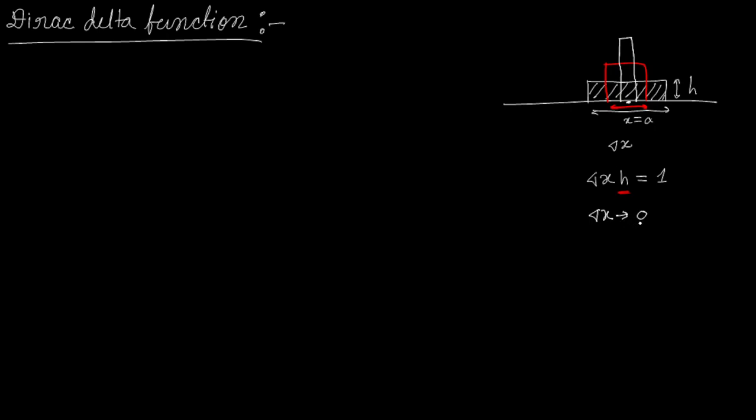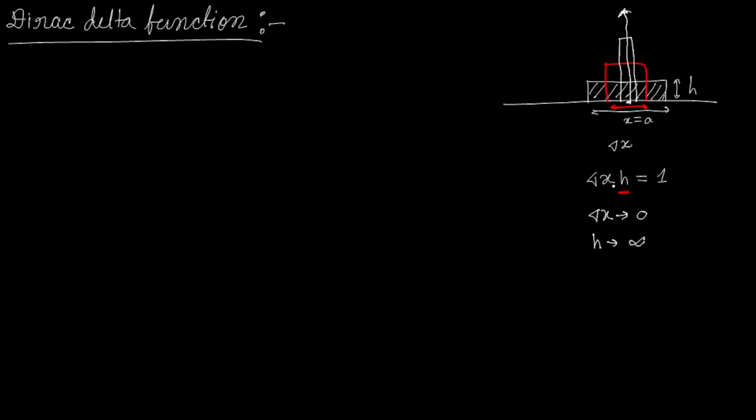The width is very small, so what will be the value of h? h will become almost infinite, a very high value. At that time we can represent it like this: at x equals a, this function has an infinite value, and at other points this function will be 0.